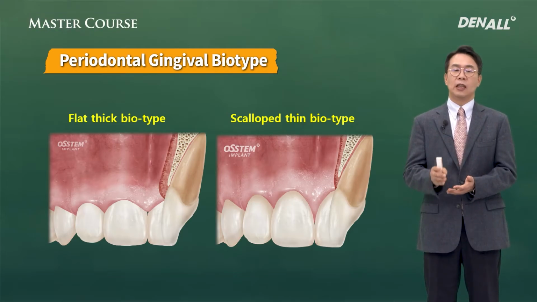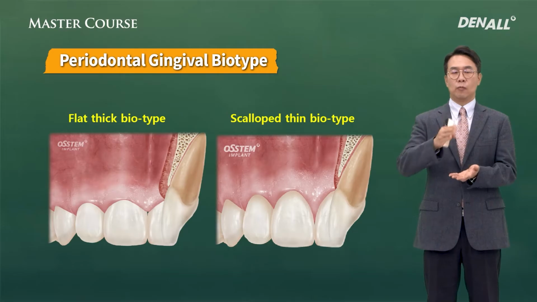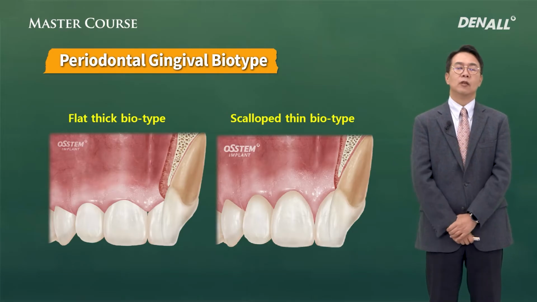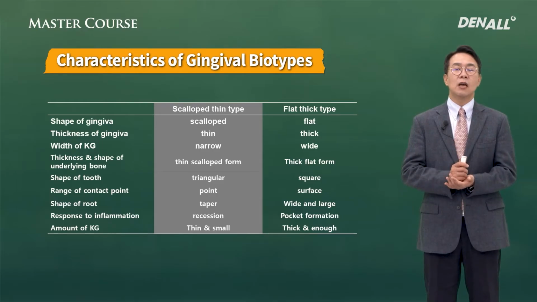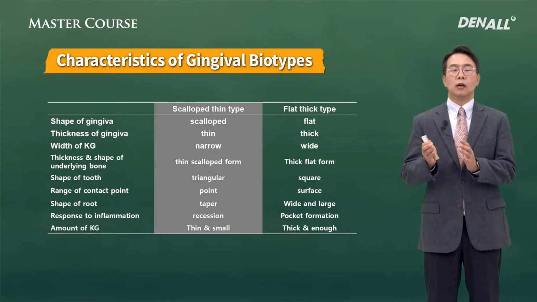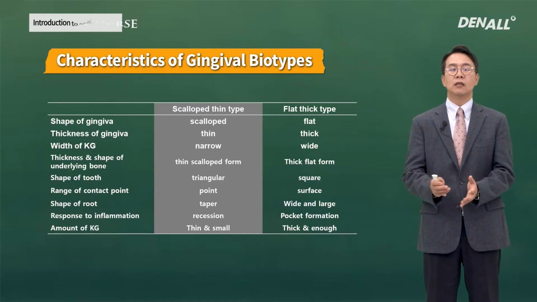And scalloped, thin. It is a scalloped shape and the thickness is low. So this is related to the shape of dentition. If the dentition is shaped triangular, scalloped, thin type of biotype. When it is squared, the biotype is flat, thick.